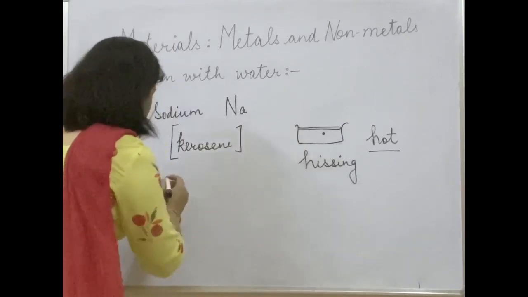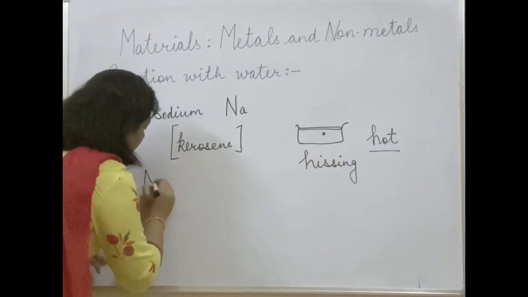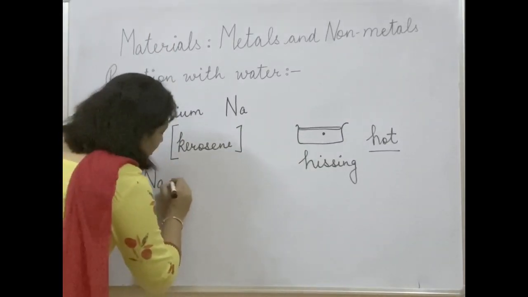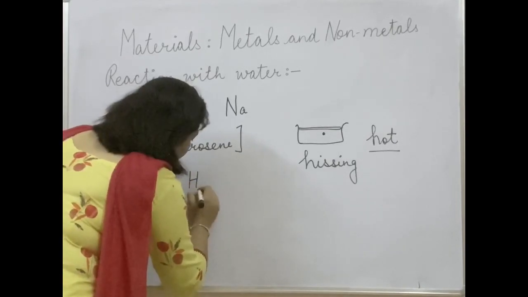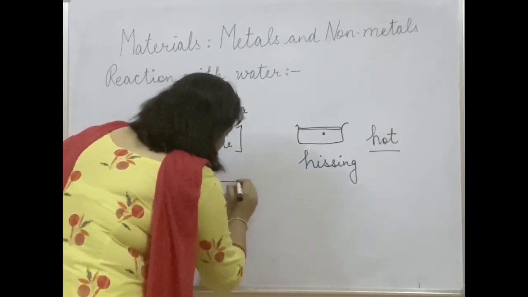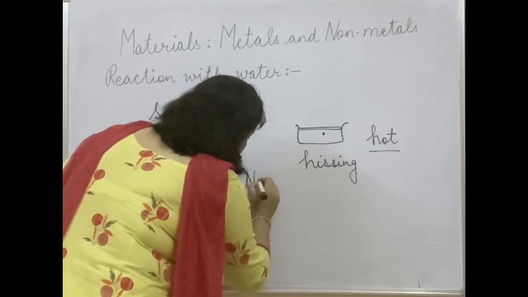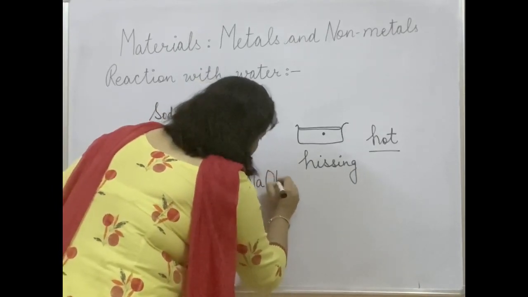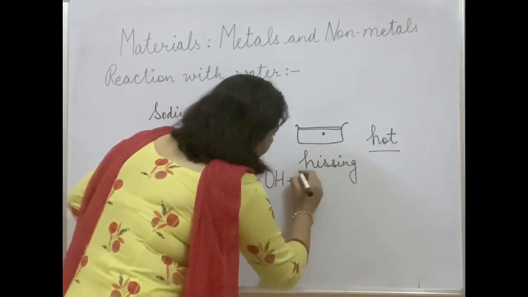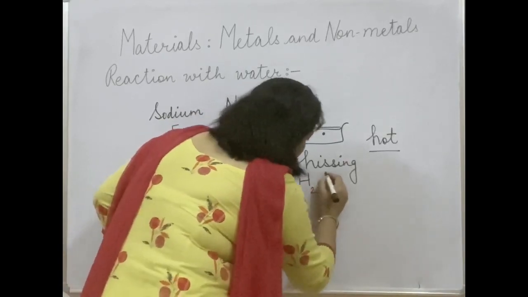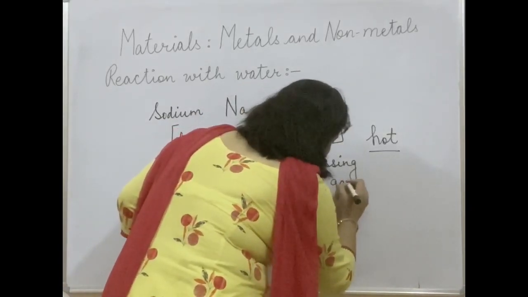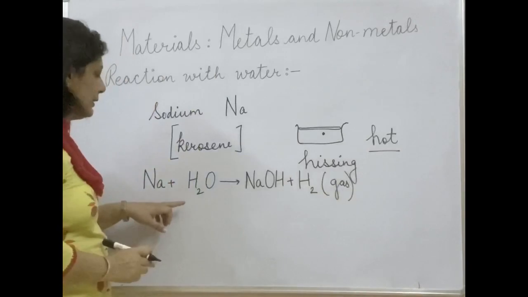What is the reaction? Sodium metal reacts with water and leads to the formation of sodium hydroxide and hydrogen gas. Hydrogen gas will be liberated in this reaction.